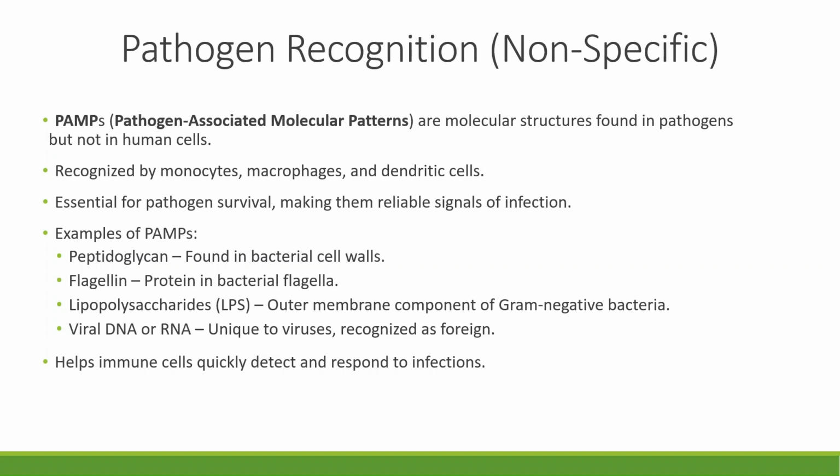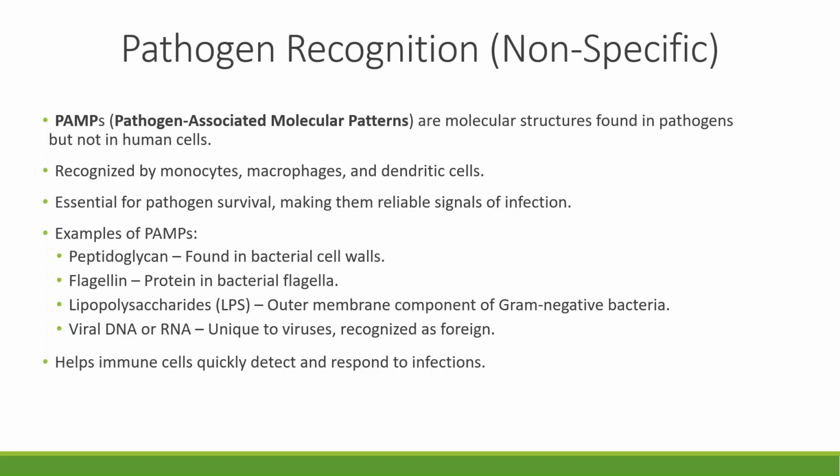By the way, the only cells we have with a flagellum are male gametes, sperm, and those do not have flagellin in them. Also lipopolysaccharides, or LPS, found on the outer membrane of gram-negative bacteria, and certain genetic signatures, sequences that are found in viral DNA or RNA. By recognizing these patterns, the immune cells can quickly respond to infections.